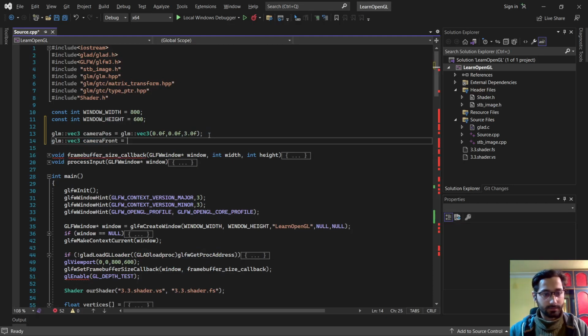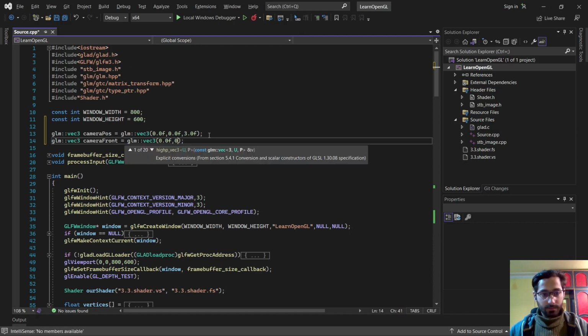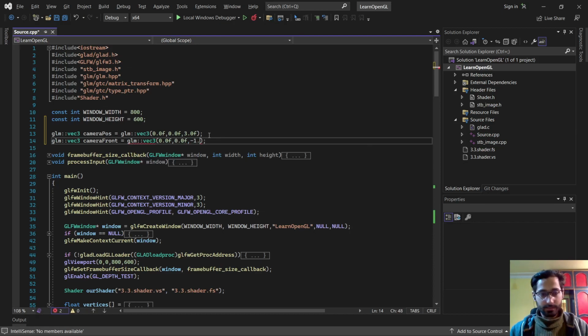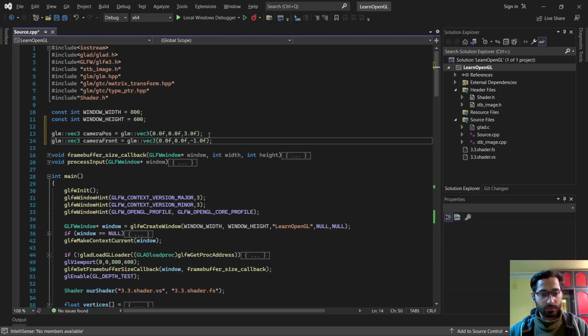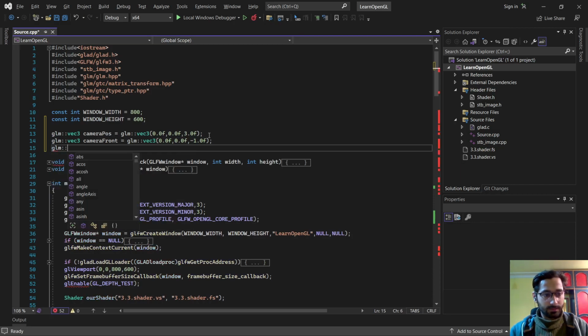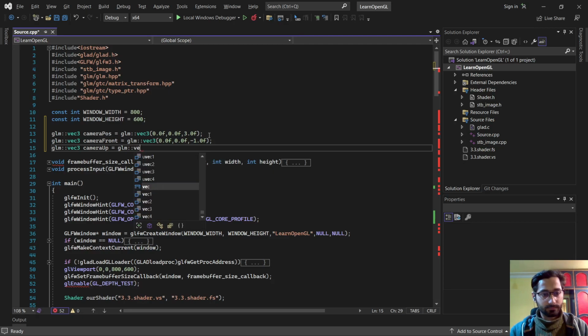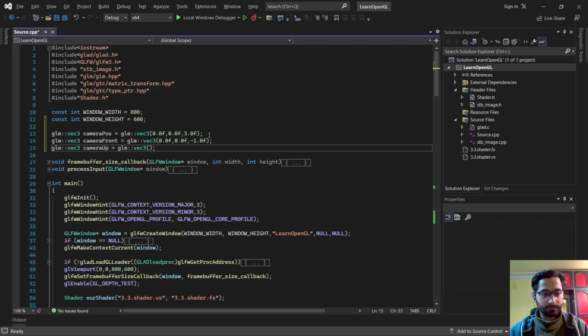Camera front will be glm::vec3, 0, 0, minus 1.0f. And then we have the camera up, a glm::vec3, and that's going to be just 0, 1, 0.